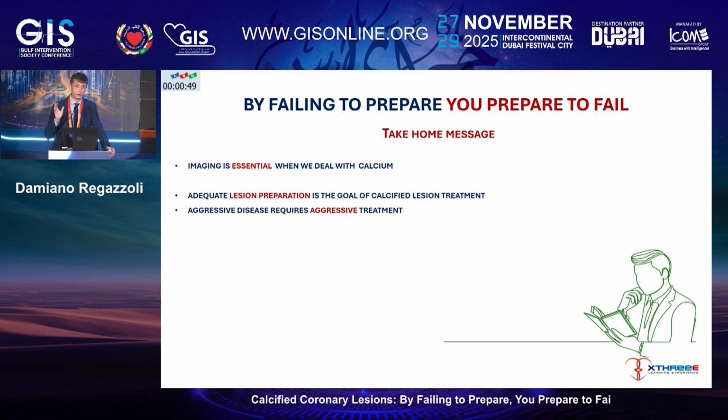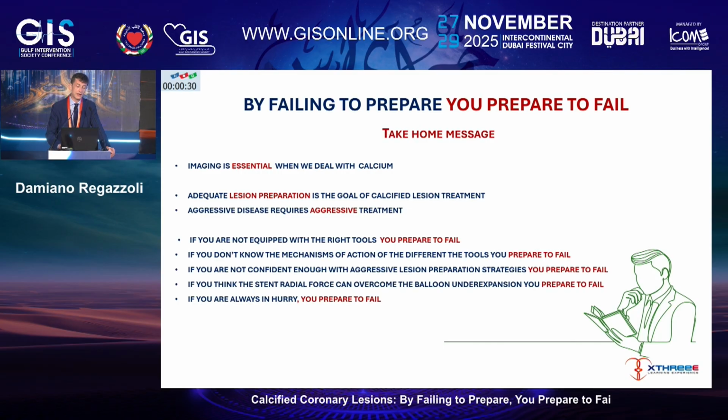But we have to change our mindset, because our goal is to achieve a good lesion preparation in order to reduce acute, subacute or chronic events, and sometimes we have to be aware that aggressive disease like calcific lesions requires aggressive treatment. Otherwise, we are going to do a bad PCI, and we are preparing ourselves to fail. We are preparing ourselves to have a stent failure.